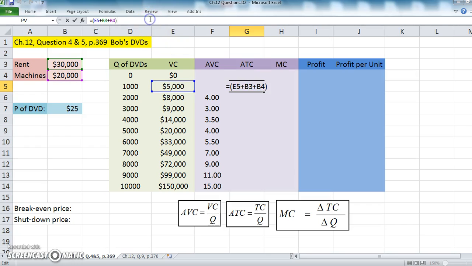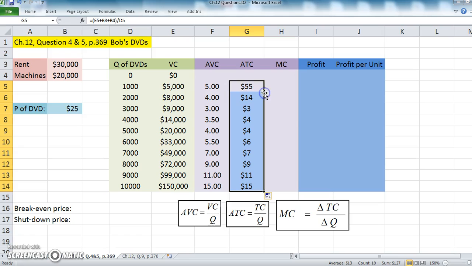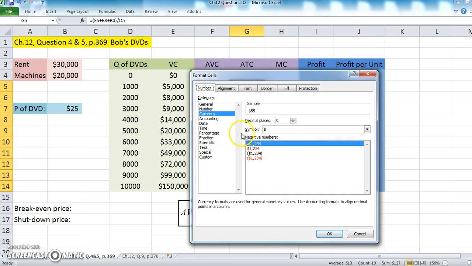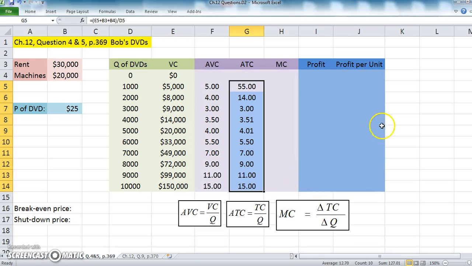We want to divide that by quantity, D5. And again, to make sure that there's no rounding taking place, I want to do 2 decimal places.